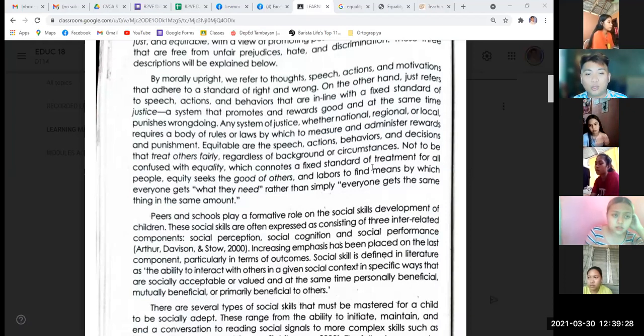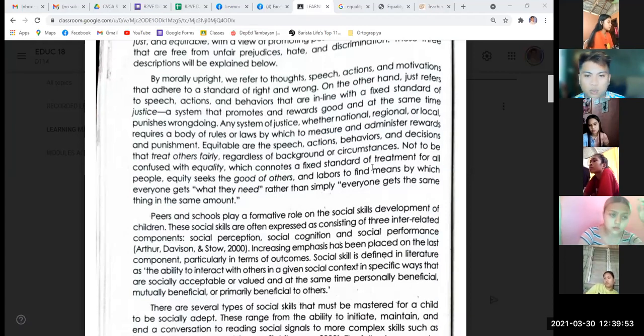Why? Because most of our time, especially the children, we're referring to all the students, the pupils, most of their time, they are in school. Right? If the situation allows that we don't have this pandemic, everybody will be at school.